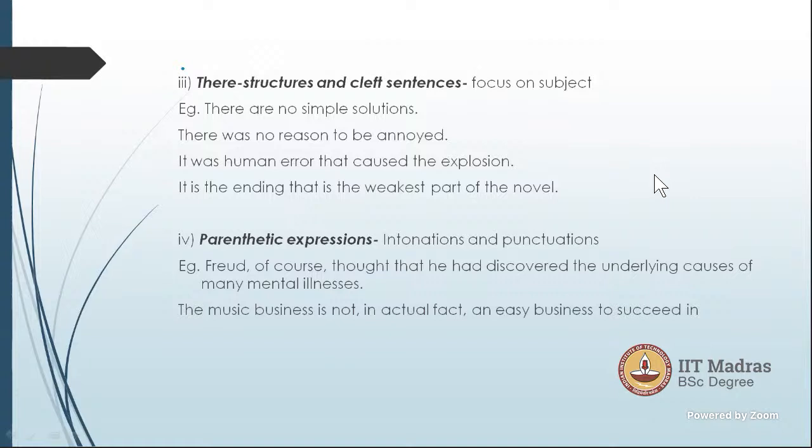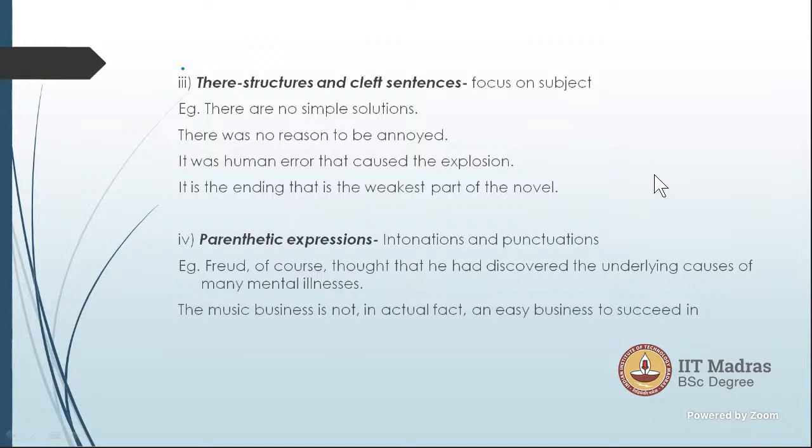So if you look at the third sentence, it was human error that caused the explosion. It is the ending that is the weakest part. Both of them are placed right before the major part that needs an emphasis in the sentence. In the first case it was simple solutions, the second it was reason, the third it was human error, and the fourth one it is the ending, right?